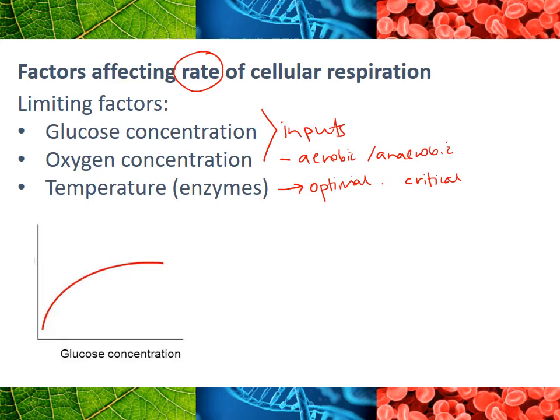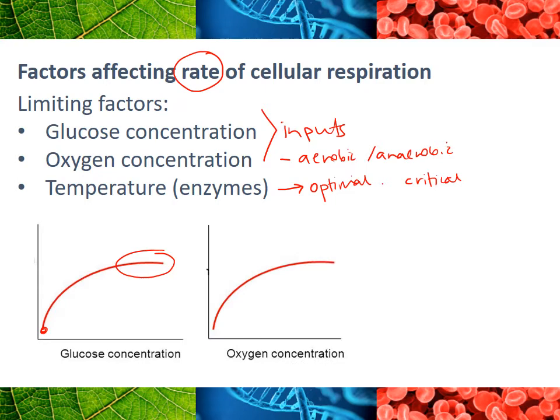So with glucose, if we don't have any glucose, we don't have any respiration. If more glucose becomes available, the rate will increase until it gets to a point of leveling out, because maybe other things at that point are limiting it. So maybe all of the mitochondria are in use, or all of the enzymes, so the NAD and FAD, all of them are being used.